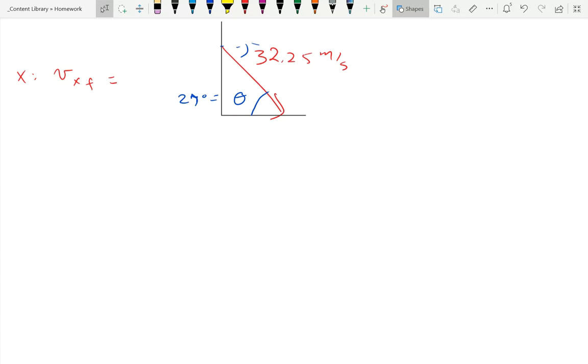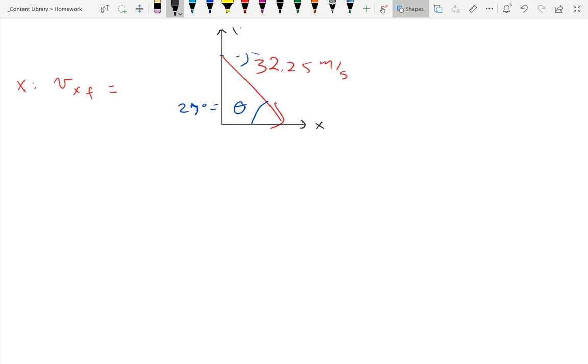So now I need to break this into components. Well, I have my x and y directions here. And so where is the x component in this triangle? There's three sides to the triangle.